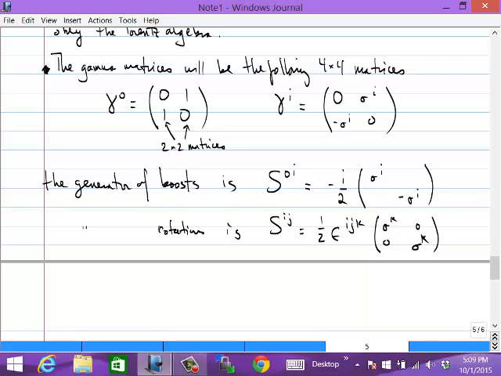In your quantum mechanics class, when you study a spin 1/2 particle, you represent the rotation generators by Pauli matrices. And here, you're representing the rotation generator by 2 Pauli matrices. So this hopefully makes it clear that these things are very closely related to the spin 1/2 particles that you study in quantum mechanics.